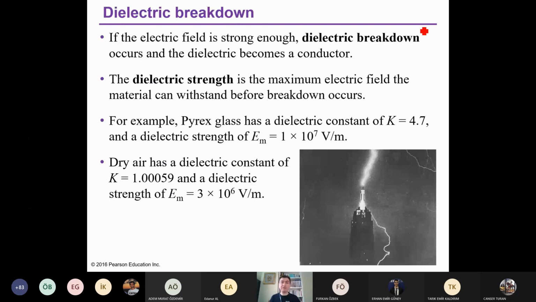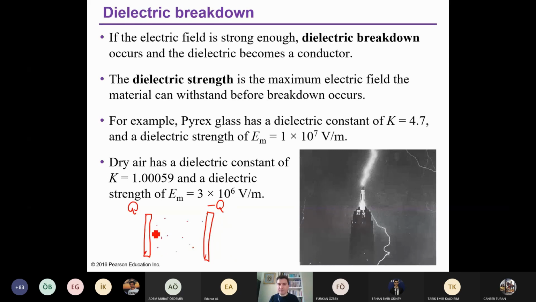Dielectrics are insulating materials. They are not conducting. They do not conduct electricity. Just consider that here we have two metal plates, and this has Q charge. This has negative Q charge, let's say, and there is nothing in between. There is a gap, air, or vacuum. So then there will be no conductivity between these two plates.